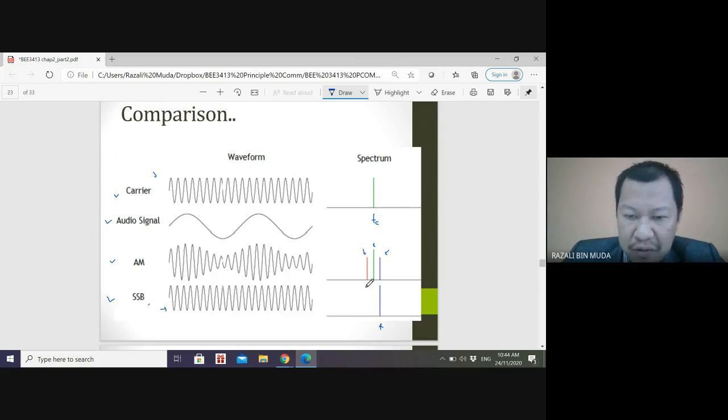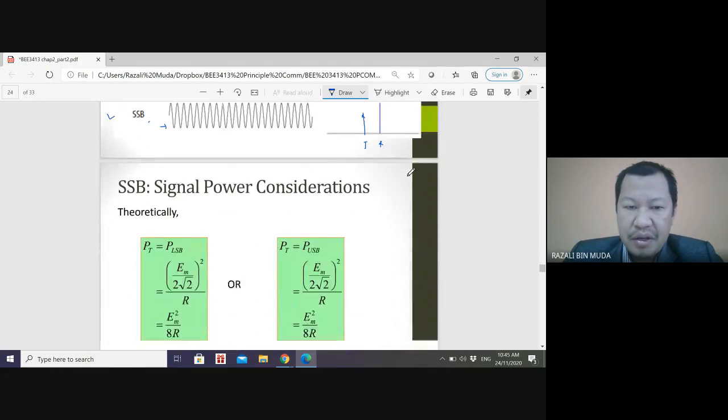Or you might have another one here: if you have single sideband which is lower sideband, you have the spectrum here at this part, but only one. So that is the comparison between carrier, audio, AM, and single sideband in terms of frequency domain and time domain.